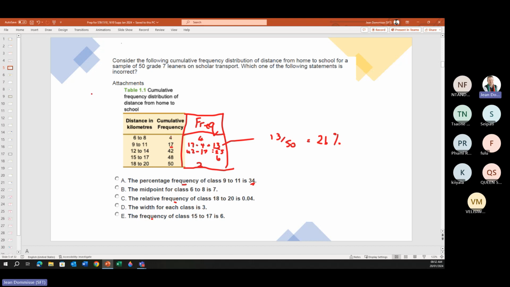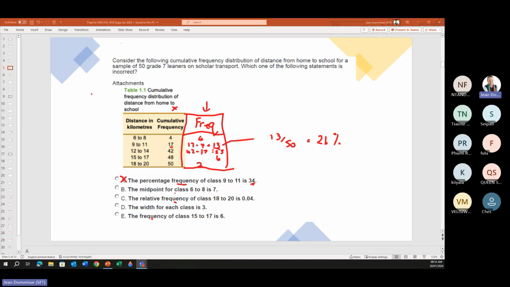So important here, they want the percentage frequency, so we need to work with frequency and not cumulative frequency. So the first one is incorrect. In the exam, if you worked with cumulative, you probably would have said 34, first one correct.